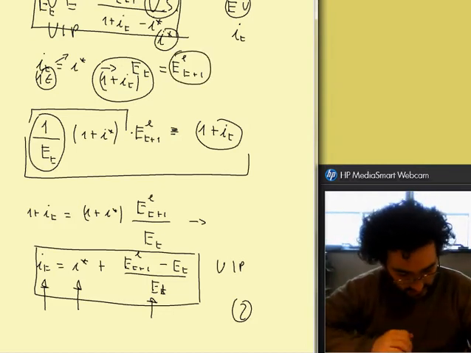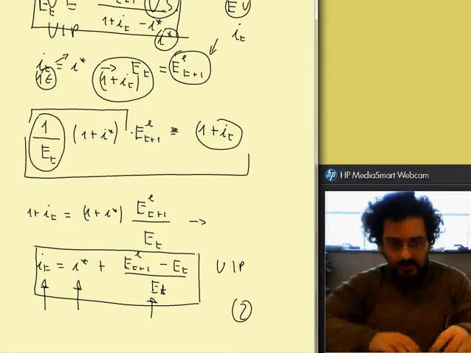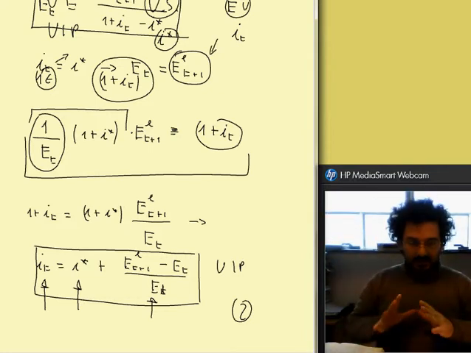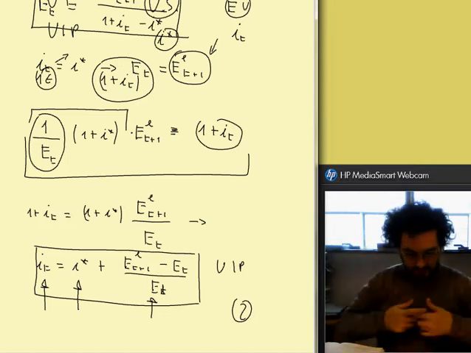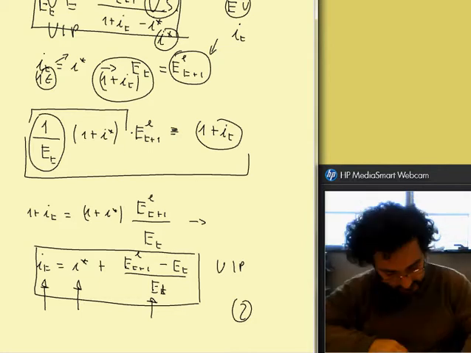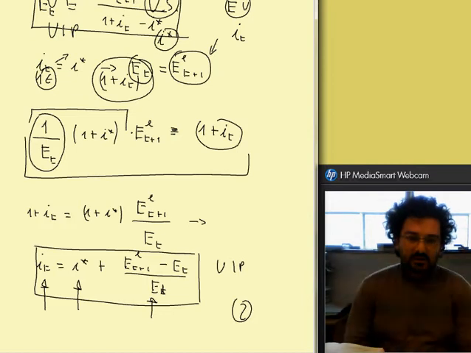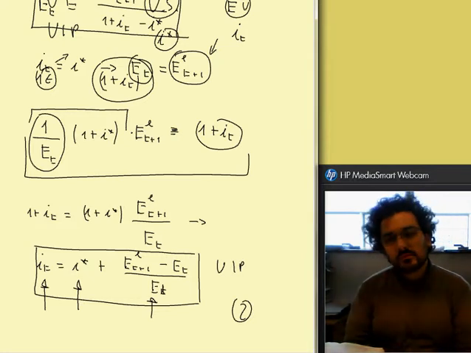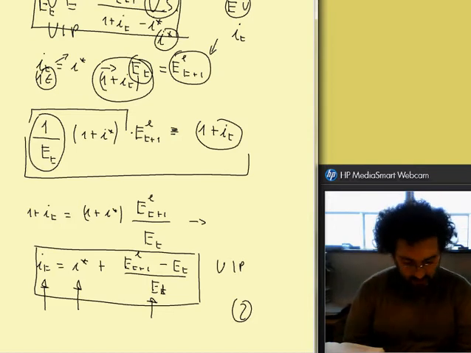So given the expectation for the exchange rate on the next period, the current exchange rate is equal to the expectation of the exchange rate in the next period. So we have no expectation of devaluation or appreciation of the exchange rate.